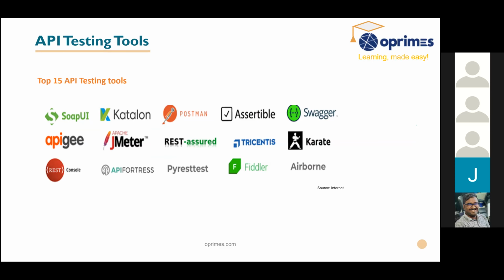It has the record and playback option. Playback is like once you have done the testing once, it will automatically record it and keep doing it for you automatically. Okay, but you have to do it once.